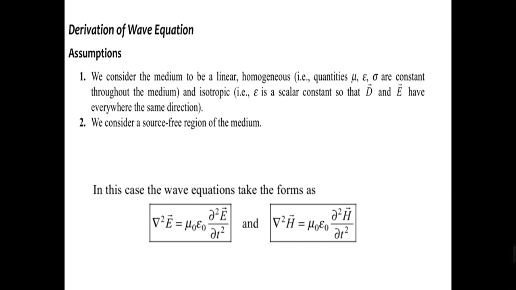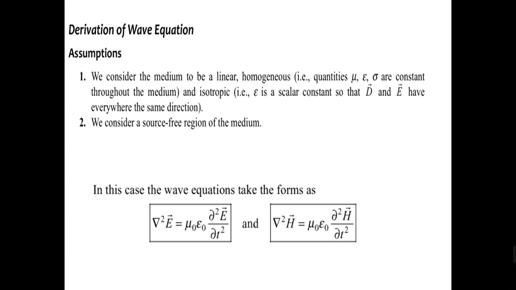In order to derive the wave equation, first we have to make some assumptions. First, let us consider the medium to be linear, homogeneous, and isotropic. Linear and homogeneous means the quantities permeability, permittivity, and conductivity are constant throughout the medium.